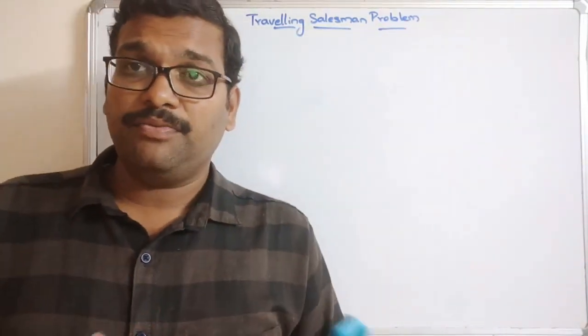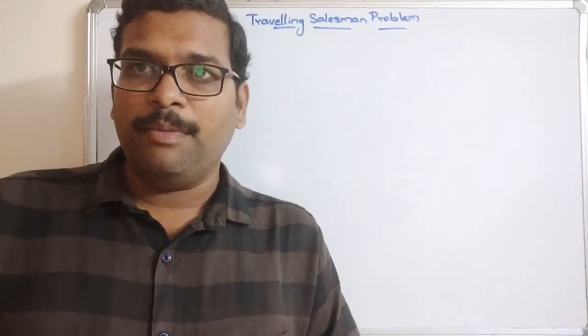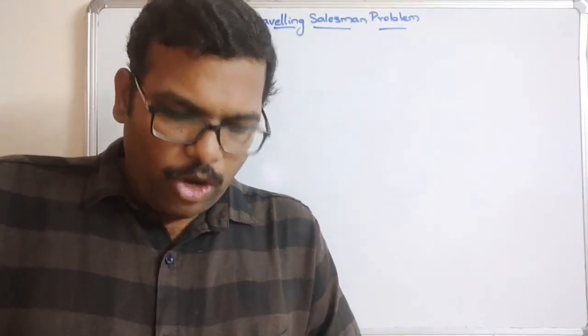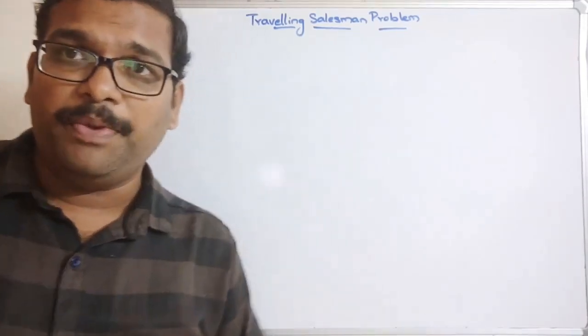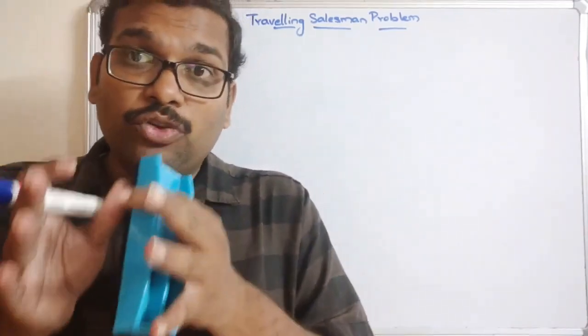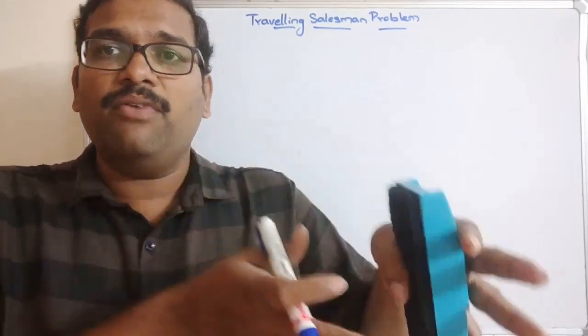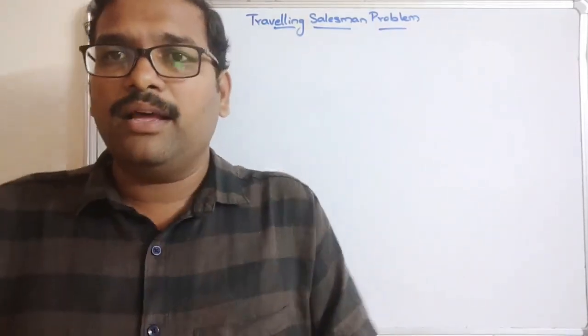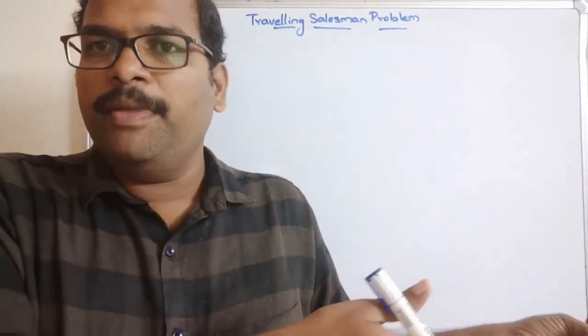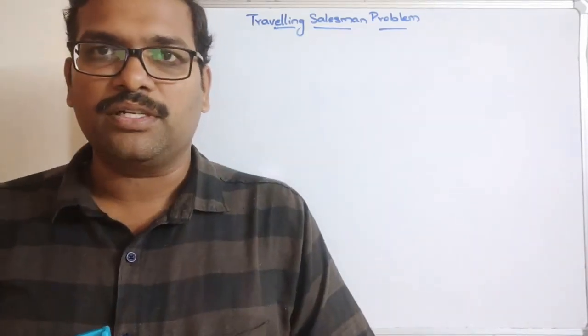So in our previous session we have already seen what dynamic programming is, right? A complex problem will be divided into subproblems, and each subproblem will be solved, and the solution of each subproblem will be saved in memory, so that in future, in order to avoid recalculation, we'll make use of the existing solutions.